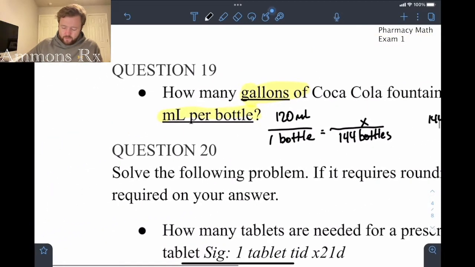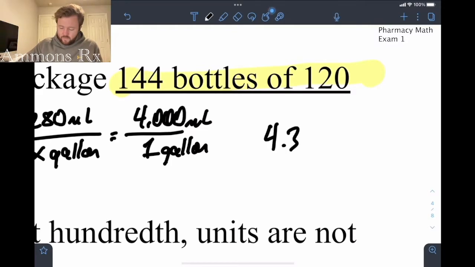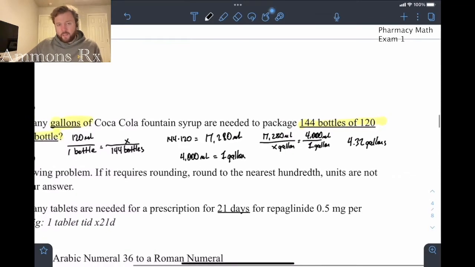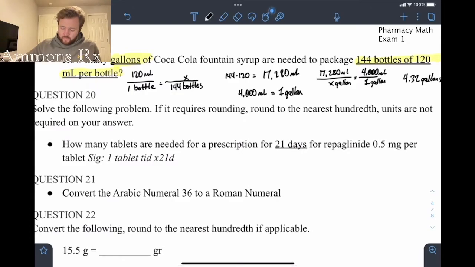That's around 4.32 gallons. Like I said, that's an approximation, but that might save you some time on the exam, not having to do all those calculations. So that might be a good thing to do.